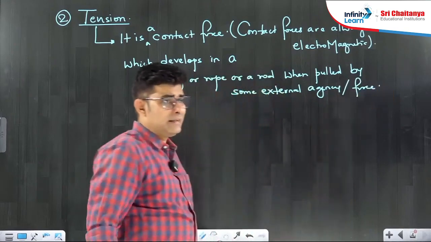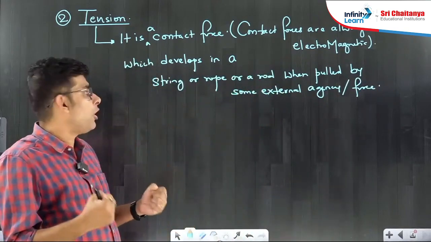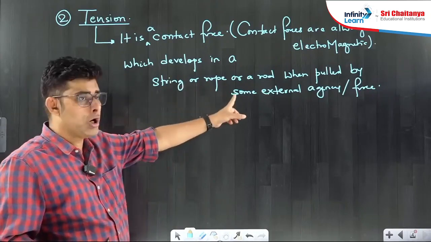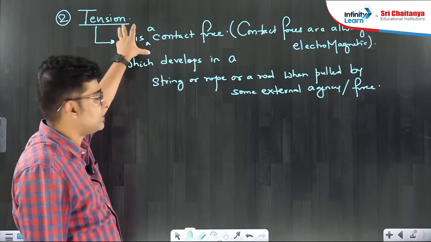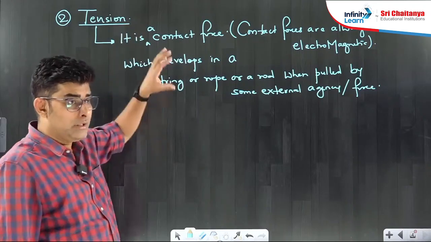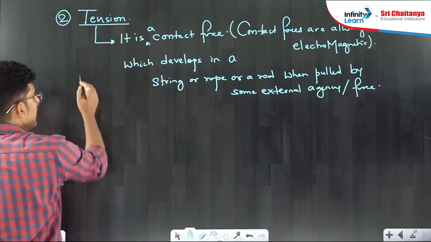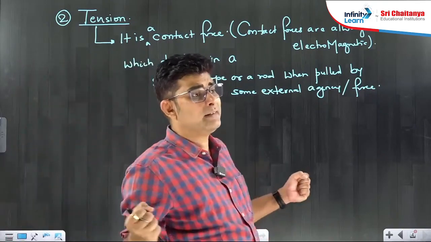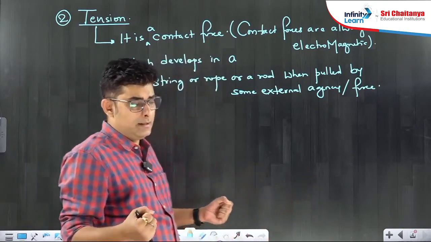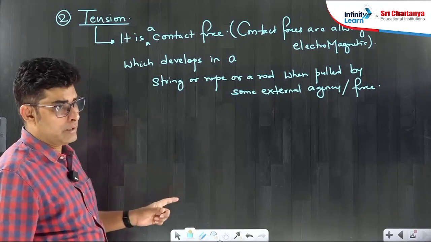So whenever there is a pull caused in a rope or a string or a rod due to some external agency or a force, then this force develops. So this force tension, it will develop in a string or a rope or a rod when it gets pulled, right? So this thing we have to remember.